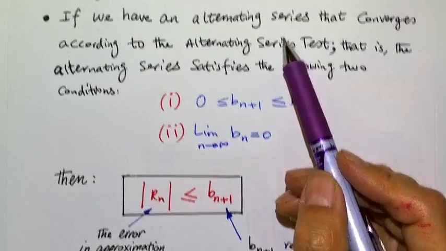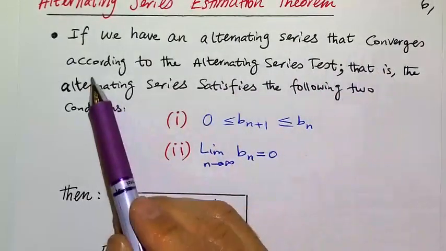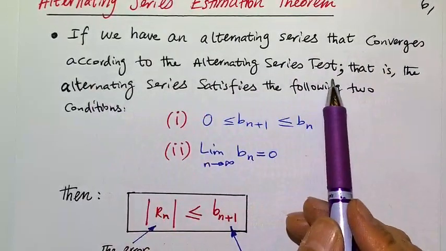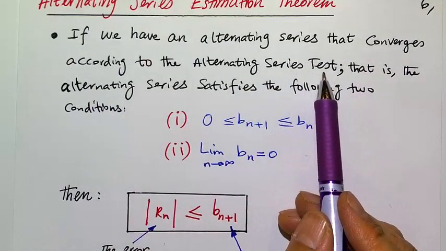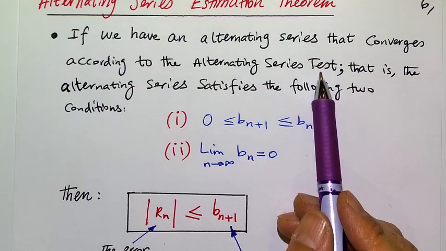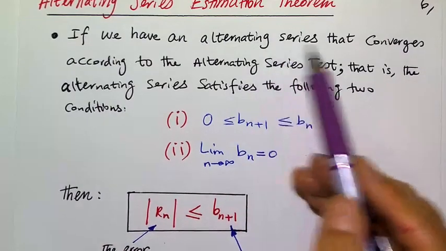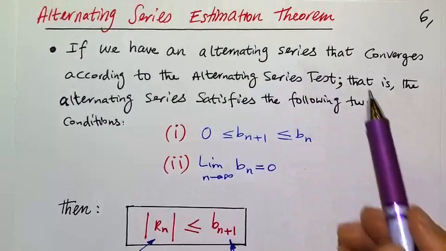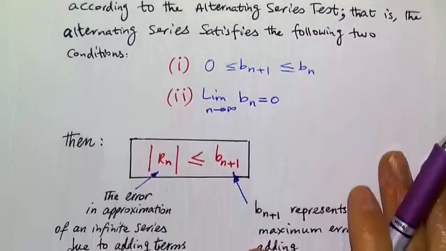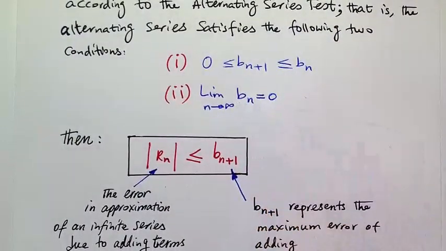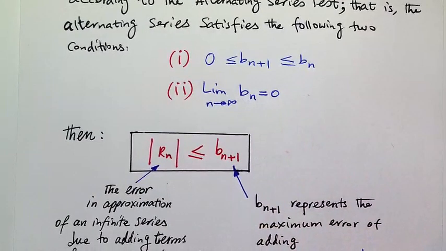So this is just saying that if you have an alternating series that converges according to the alternating series test, so we've already established that the series is convergent. If it's divergent, forget it. We're not going to apply this. But if it's convergent, then we know that these two conditions are already satisfied, right?